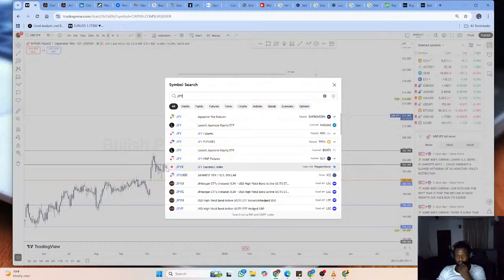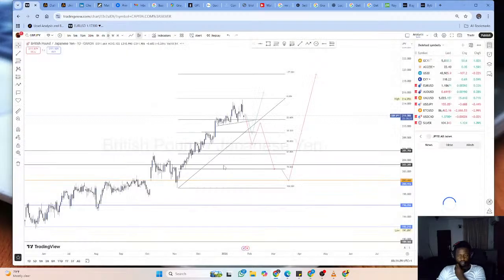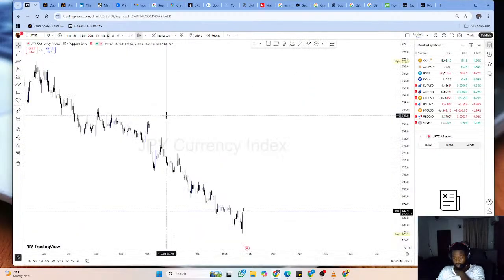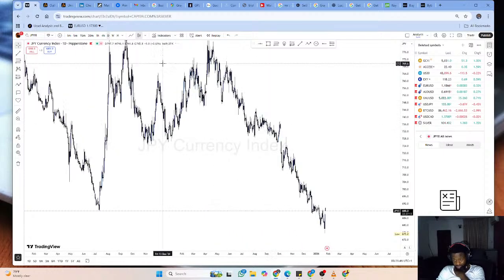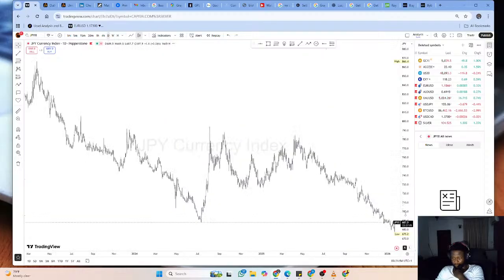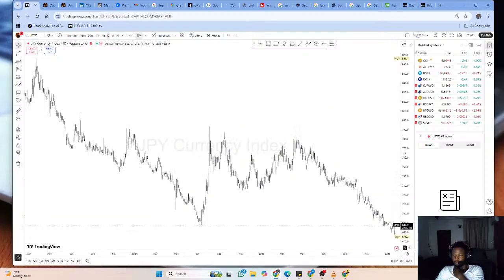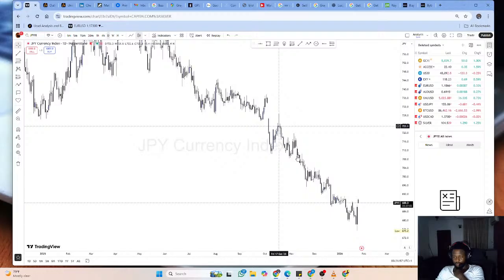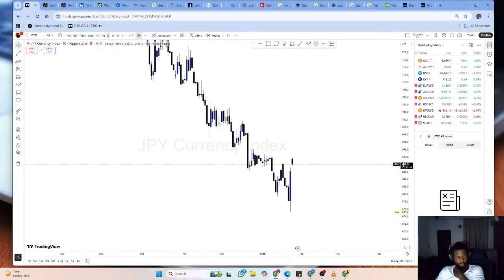Yes, Japanese currency index. That's it. I want to keep an eye on it too. Oh my god. It's been going down, down, down, down, down. Wow. It's going down forever.